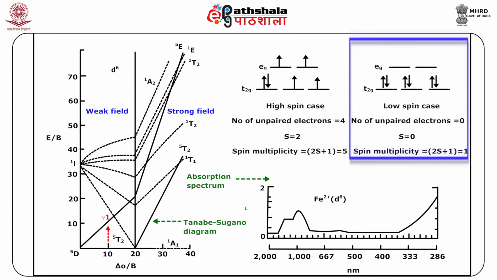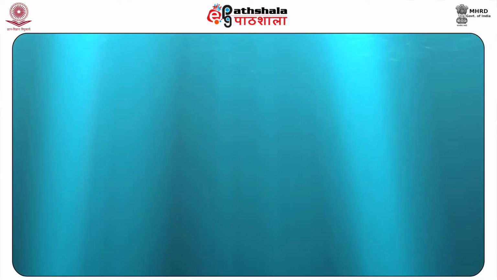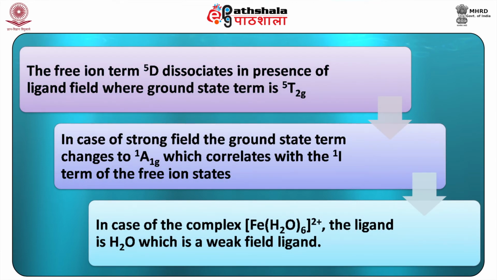The Tanabe-Sugano diagram and the absorption spectrum of the iron 2+ complex are shown in the figure. The free ion term 5D splits in the presence of the ligand field, where the ground state term is 5T2g. In case of a strong field, the ground state term changes to 1A1g, which correlates with the 1I term of the free ion states.